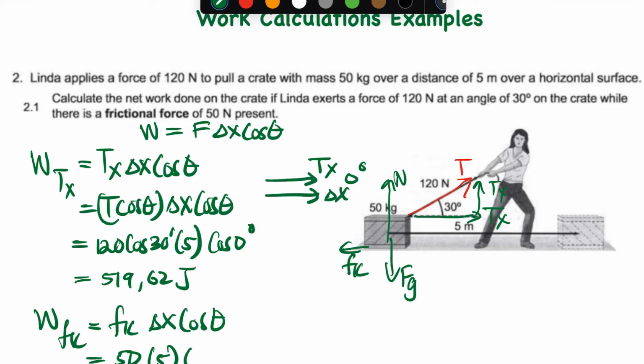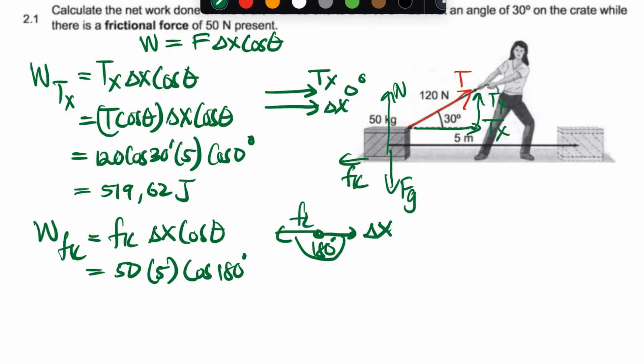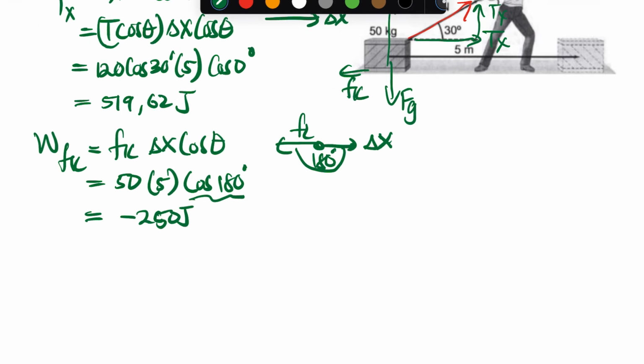Remember, the frictional force is going in the opposite direction of the displacement, so the angle between them is 180, and cos 180 is negative. So 50 times 5 is 250, and the work will be negative 250 joules. The frictional force is doing negative work, which means energy has been removed.